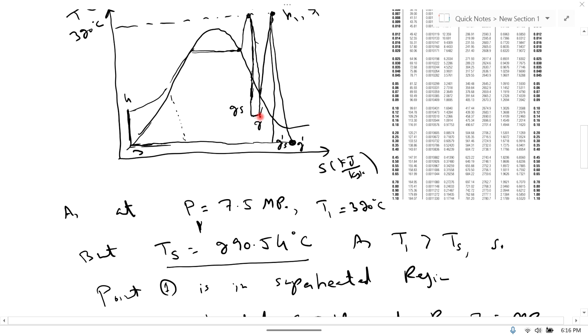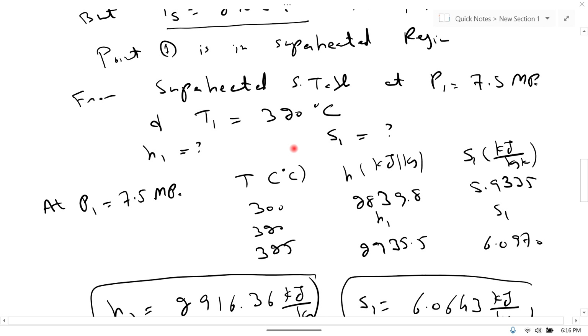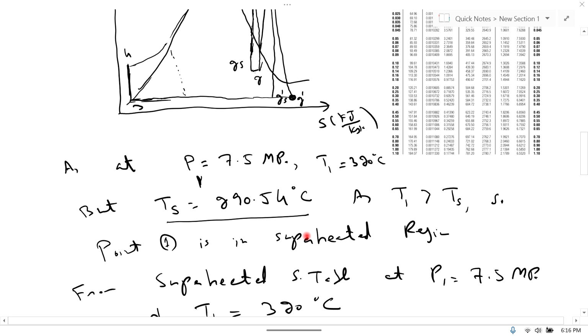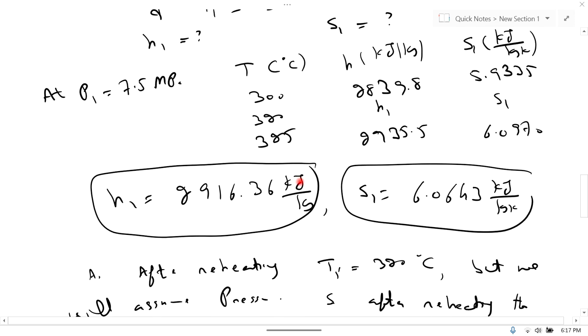Here the pressure is the same, 0.8 megapascal. This point is in the wet region, so we will use the saturated steam table to find the enthalpy and entropy, H2S and H2.